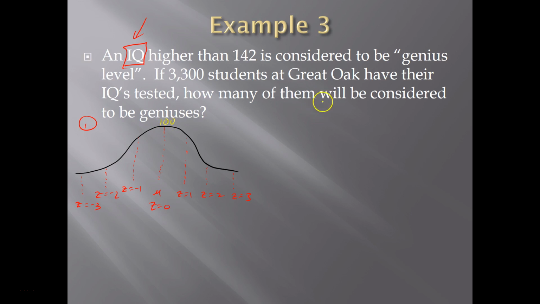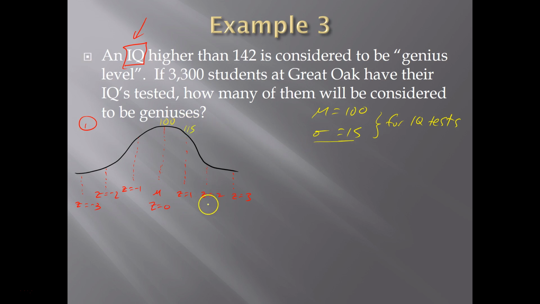Now, because we know the population mean is 100, and the standard deviation is 15 for IQ tests, and once again we know this because it told us in example 1 and 2. A z-score of 1 would have one of these standard deviations added to it, so it would be 115.